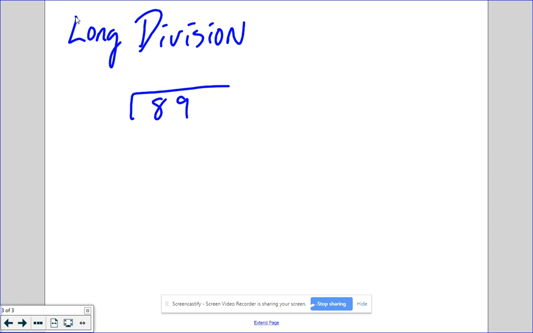So, 8,954. Let's say I wanted to divide this number by 4 without using a calculator. So you're dividing 8,954 by 4.